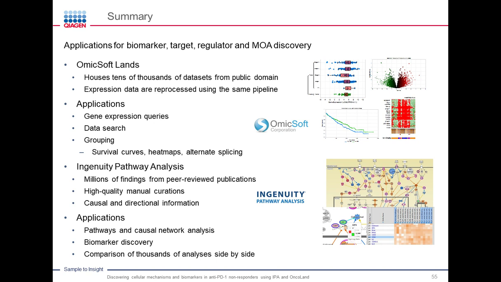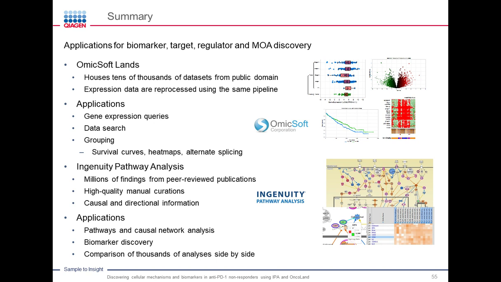To contrast the databases backing these 2 software, Oncoland's database has curation of actual NGS data, which is reprocessed using the same pipeline. And the user can manipulate this data to generate expression charts, volcano plots, survival curves, and the heat map that I'm showing you in the upper right-hand corner.